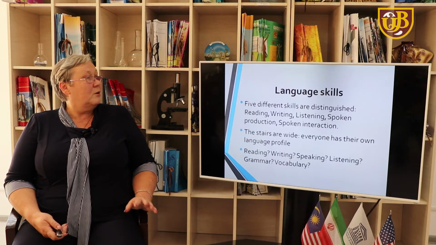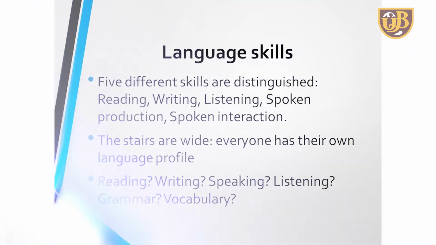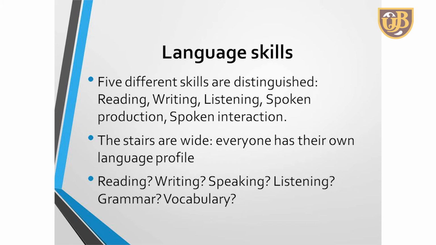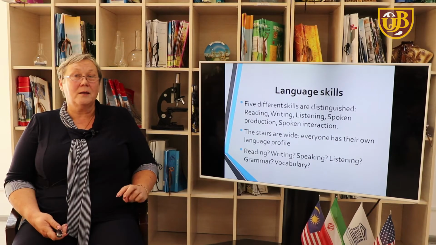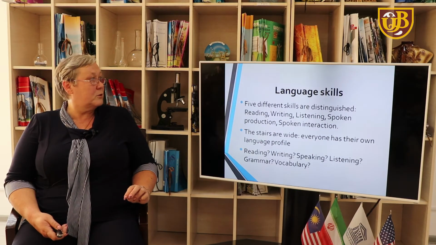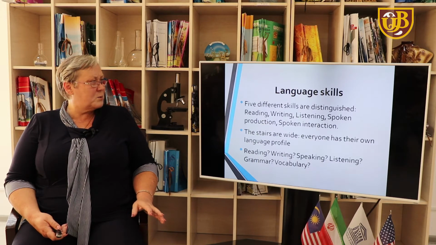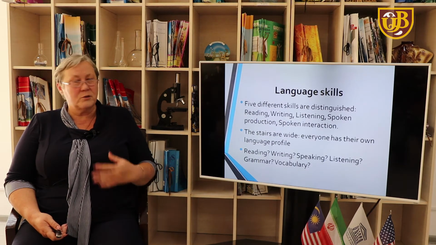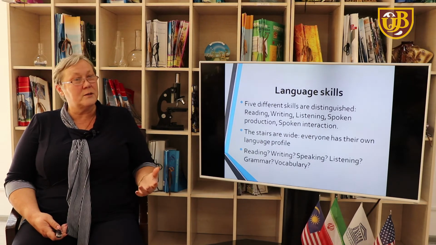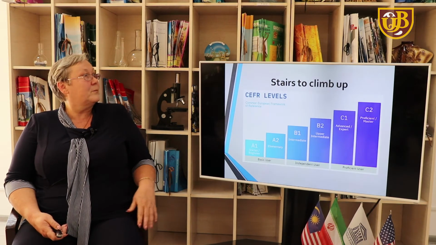Language skills. Five different skills are distinguished: reading, writing, listening, and, pay attention, spoken production and spoken interaction. The stairs are wide. Everyone has their own language profile. Reading, writing, speaking, listening, grammar, vocabulary, so many questions, and all the answers can be found in this document.